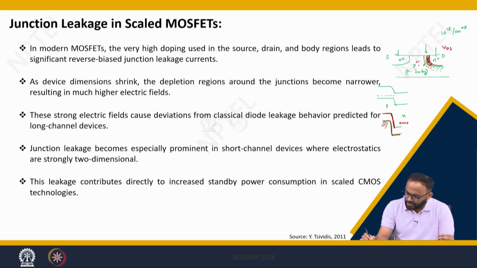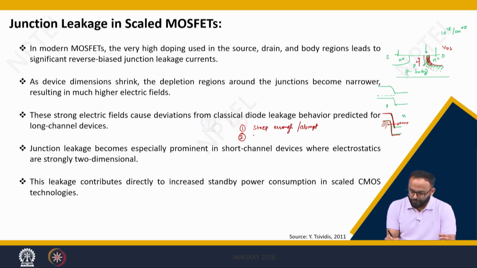Now, if the substrate doping is higher, then there is a finite chance that tunneling will occur from one band to another band, because the basic conditions for tunneling are, first, the tunneling barrier should be steep enough or abrupt, and second, there should be a filled band at one side and an empty band at the other side.